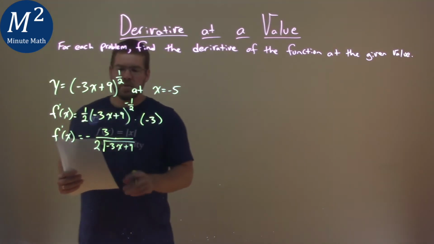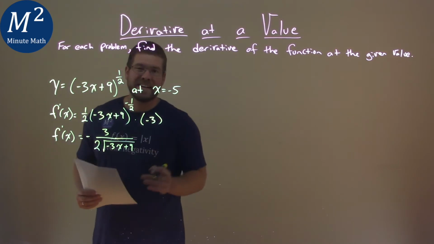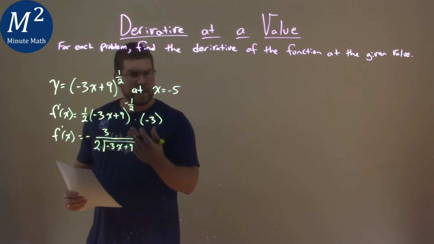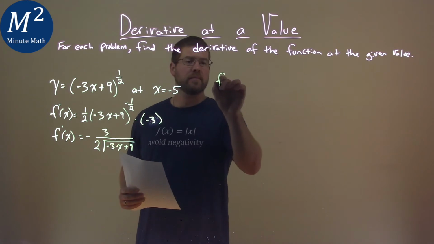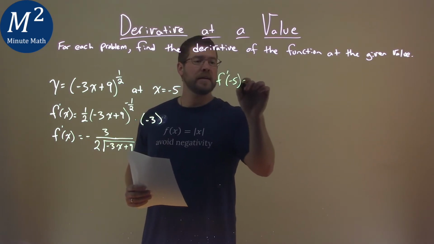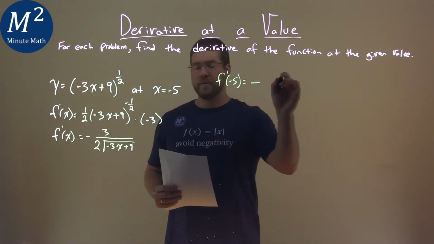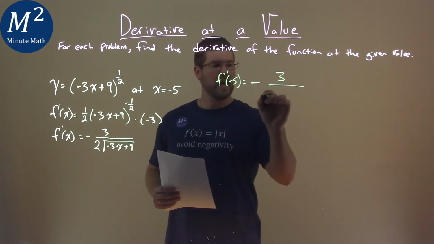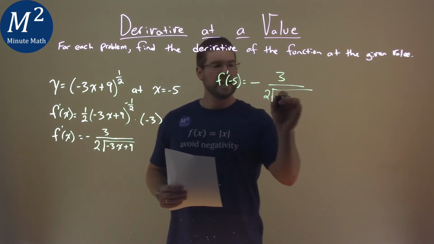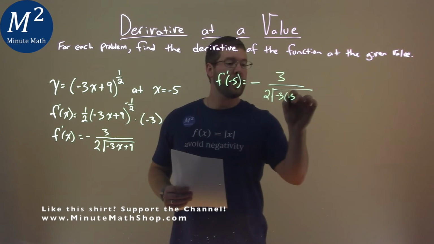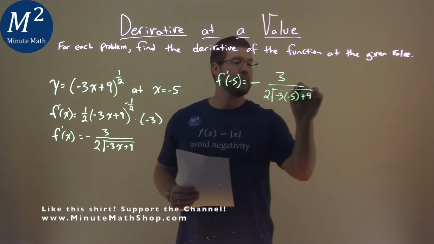Alright, so now with this, we need to find it at x equals negative 5. So let's plug negative 5 in for x. F prime of negative 5 is equal to negative 3 over 2 square root of (negative 3 times negative 5 plus 9).